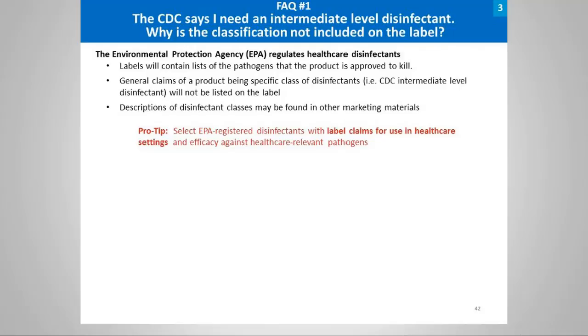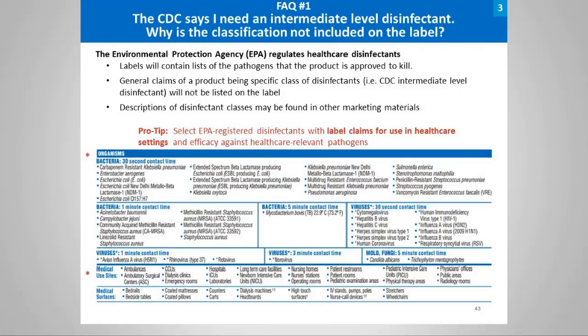So in other words, you want to actually look at that label. You want to select an EPA-registered disinfectant with label claims for healthcare use. So you want to start to read the label yourself. It's not necessarily going to say intermediate level disinfectant. You may find that on some of the marketing materials, but not actually on the label itself.